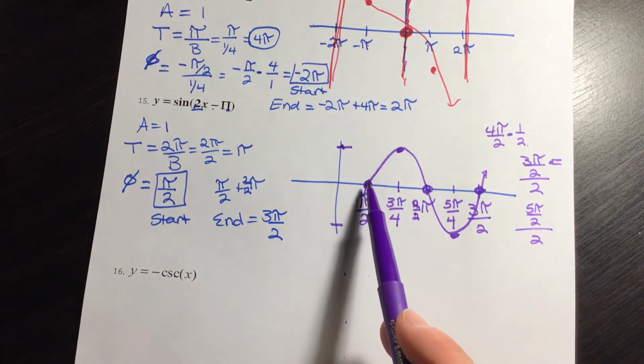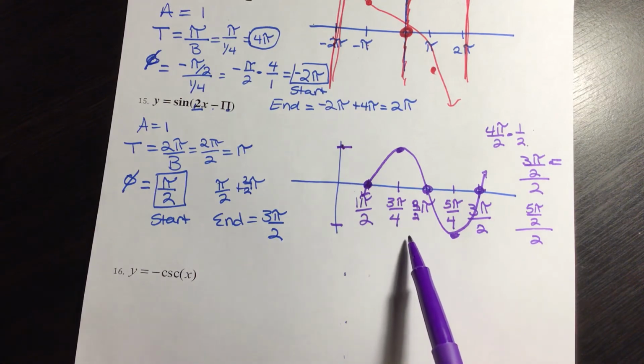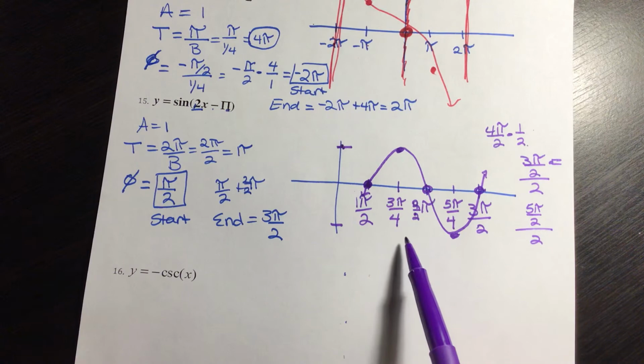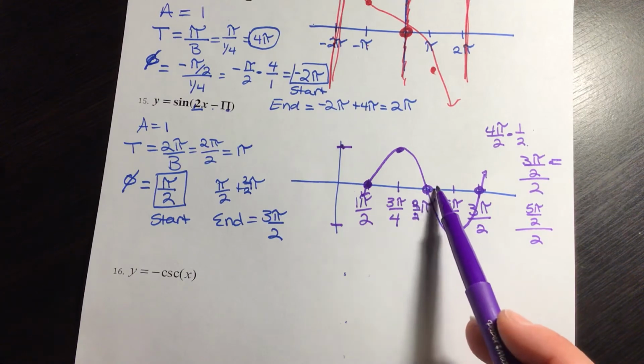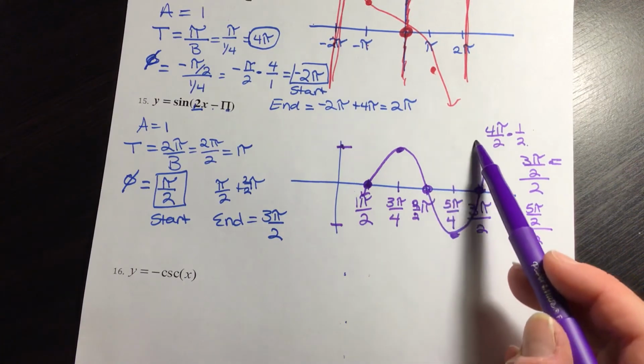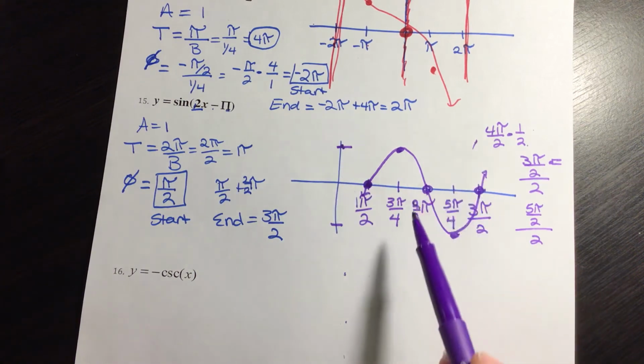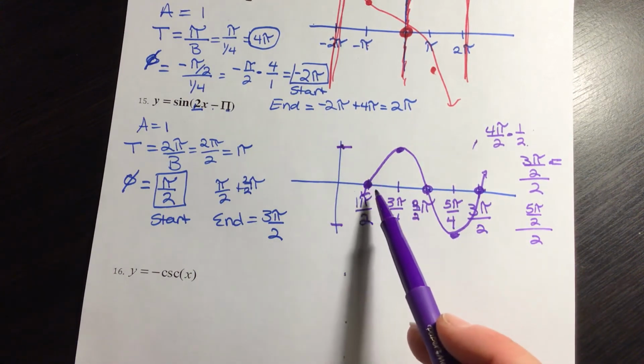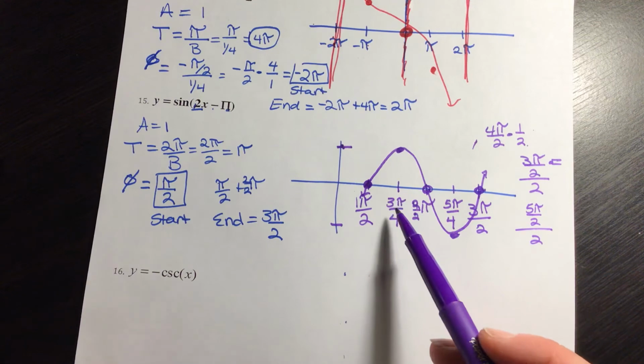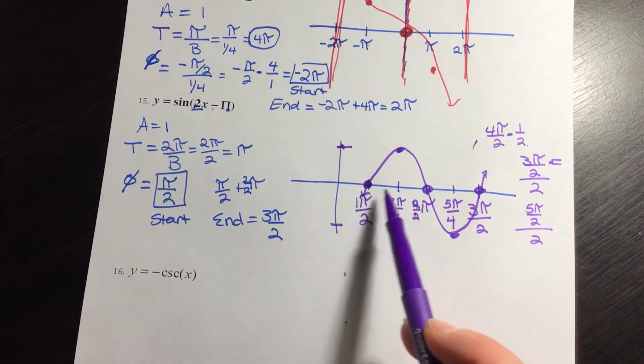You'll come down to a low point, which is the amplitude in the negative direction, back up through the x-intercept, and then back to your max. So you'll have 2 maxes and a minimum, but you only have 2 x-intercepts. Sine, you have 3.